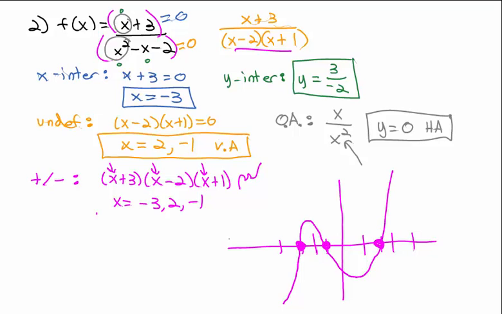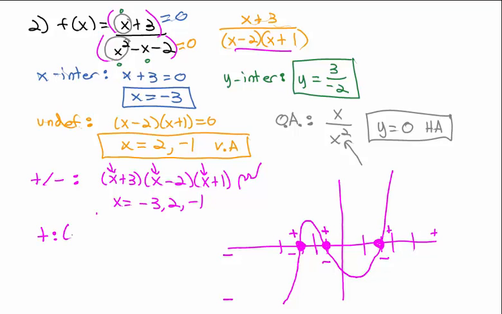And so what we find is the graph is positive from 0 to 2. Whoops, no it's not. Let me try again. The graph is negative from negative infinity to negative 3. Then it's positive from negative 3 to negative 1. Then it's negative from negative 1 to 2. And then it's positive from 2 to infinity.